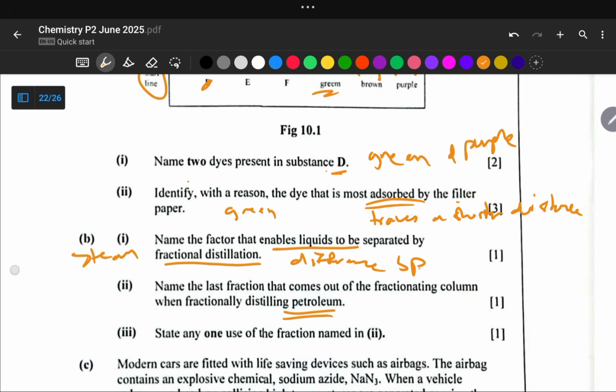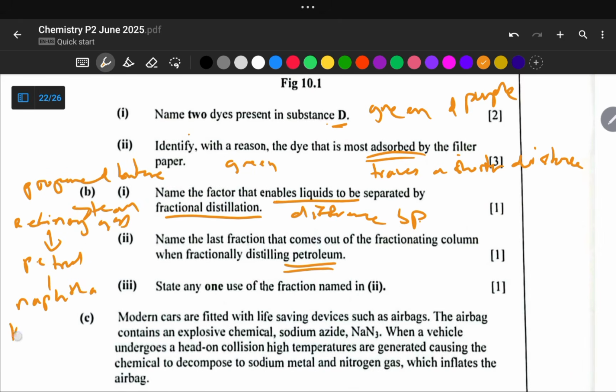So you should know the order, right? We start with refinery gases, mainly propane and butane. And then we go on to petrol, and then naphtha, and then we go on to kerosene, at times called paraffin, right?